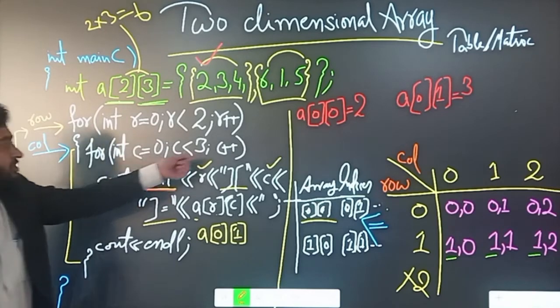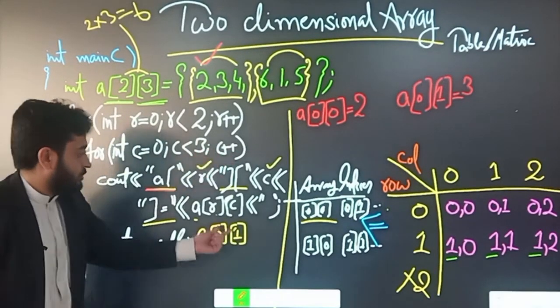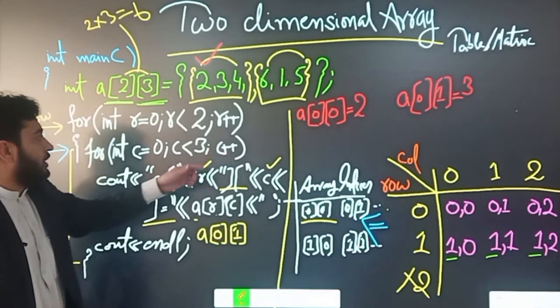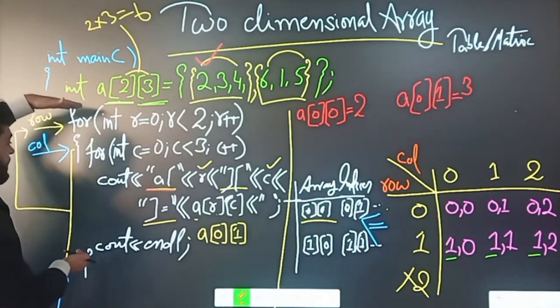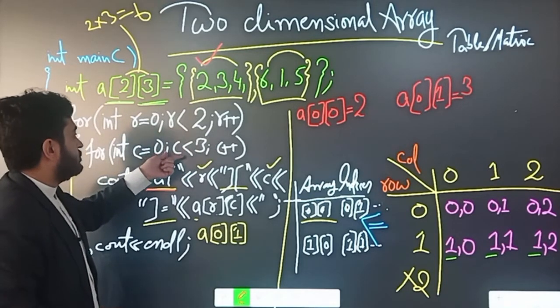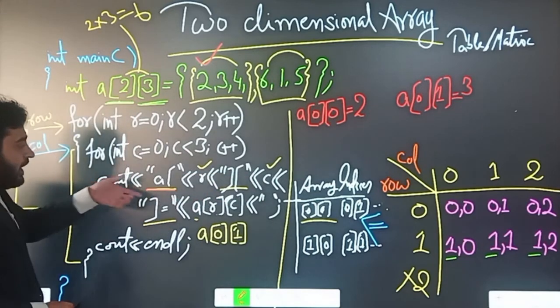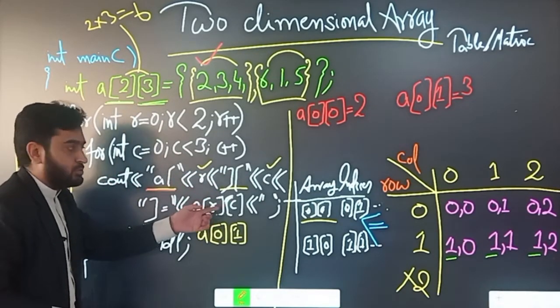In the third iteration, C will be updated to 2. It was 1, so now it will become 2, and R is still 0, okay, because we are in the body of the outer loop. So C is 2, so 2 is less than 3, yes. Now this statement will be executed for R is equal to 0 and C is equal to 2.